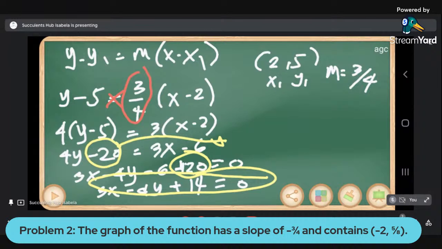Okay, please try to do that. So whenever you're ready, ilagay nyo lang yung sagot nyo dyan. And let's see kung pareho kayo ng sagot. At kung tama yung sagot natin.